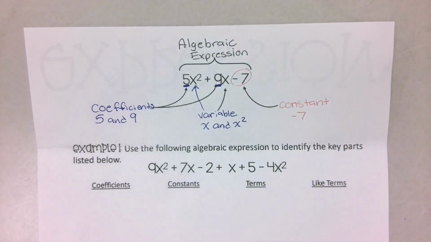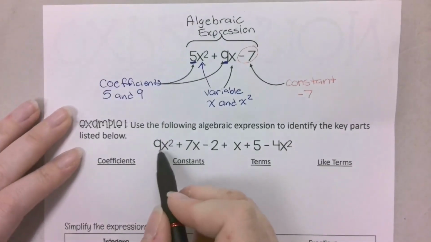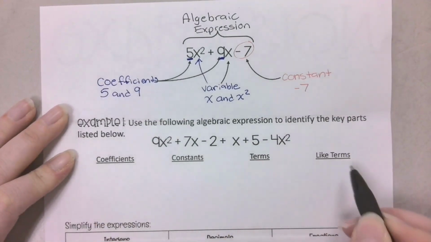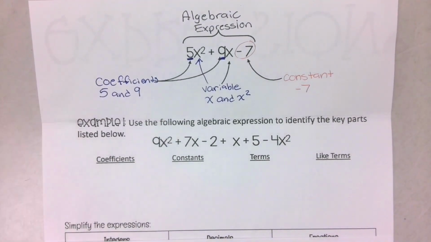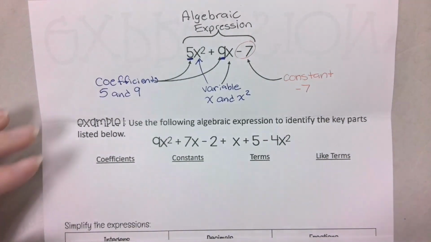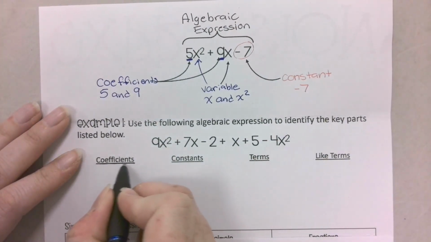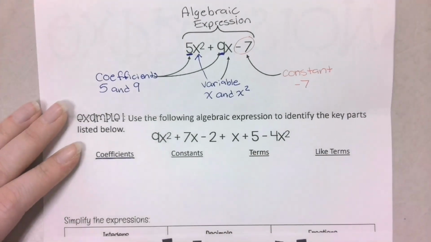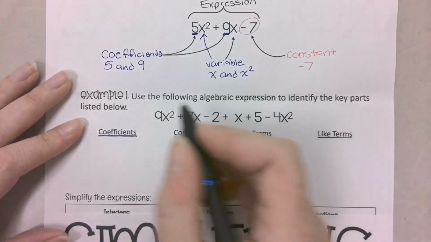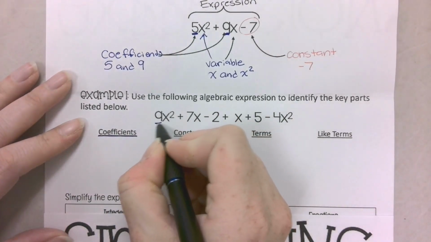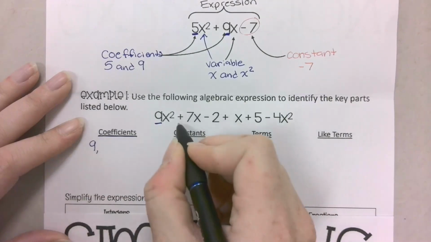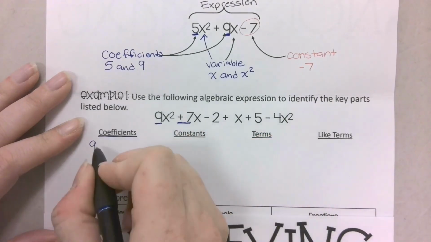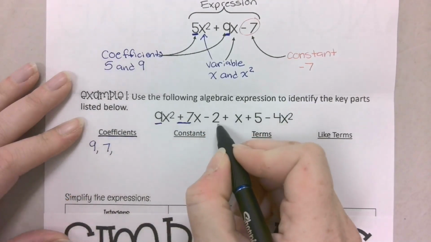Okay, let's look down below. We're going to use this expression to list all of the following. First and foremost, let's list our coefficients. Remember, our coefficients are the numbers that are attached to our variables using multiplication. So here's one right here. We have 9, comma, a +7, comma, oh, that's a constant.